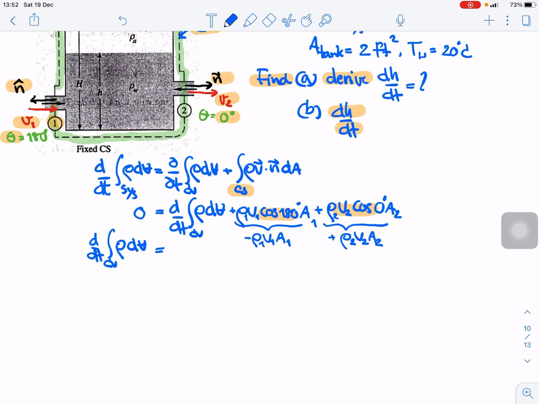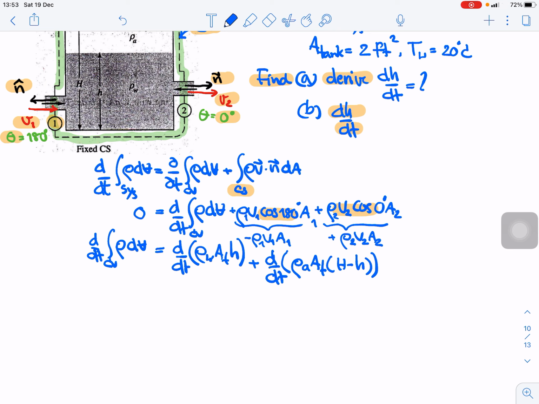And for the second term, the change of mass inside the control volume, we can write it in terms of rho of water times the area of the tank times h, plus rho of air times the area of the tank and the length of the top of the water.